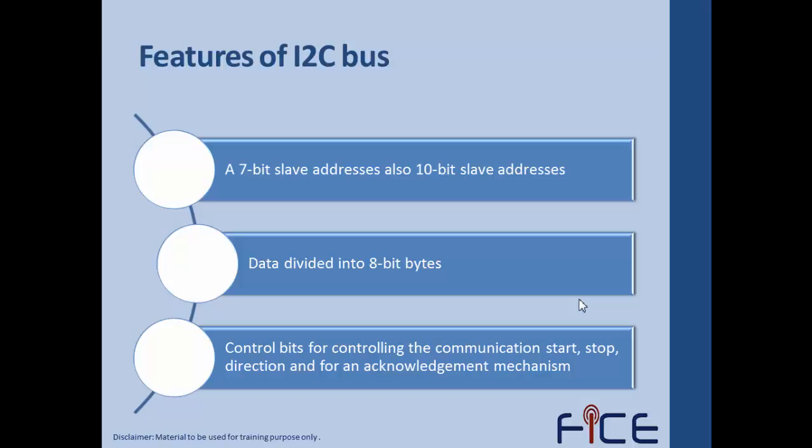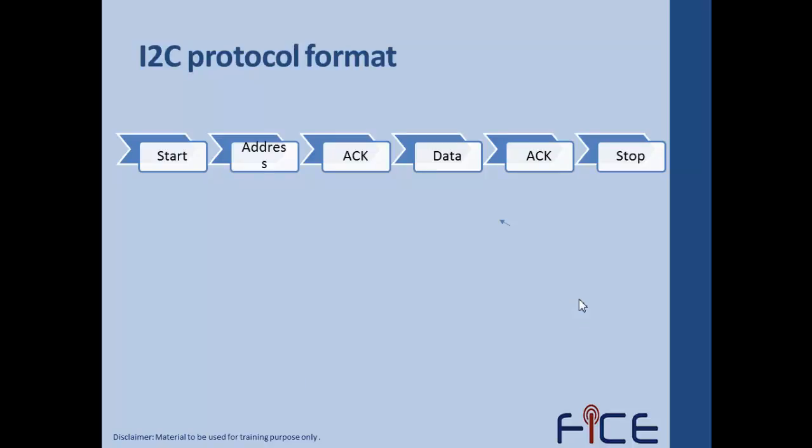The I2C bus also supports 8-bit data bytes, and control bits for controlling the communication start, stop, direction, and for an acknowledgement mechanism. Considering these control bits, let us discuss them in depth. These are the control bits: start, address, acknowledge, data, and then stop.